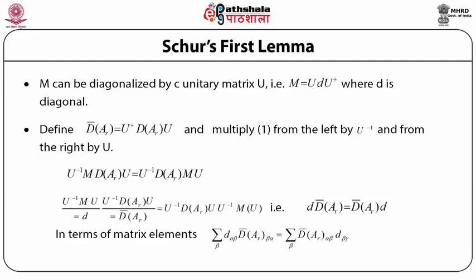Therefore, the left hand side is simply equal to D times D bar of A_R, that is a diagonal matrix times this new matrix we have defined as D bar of A_R.